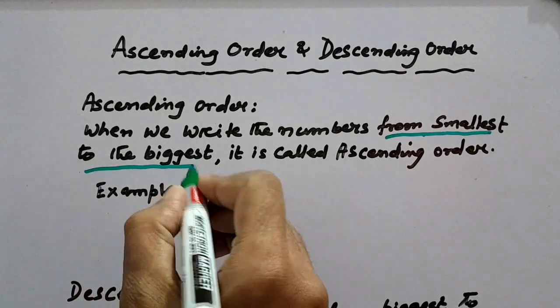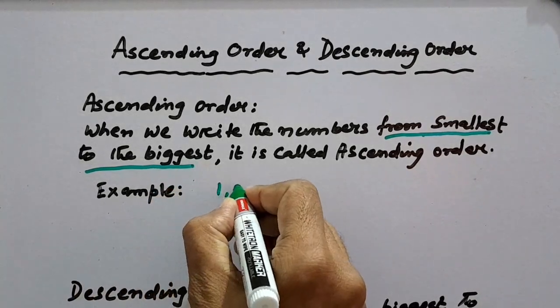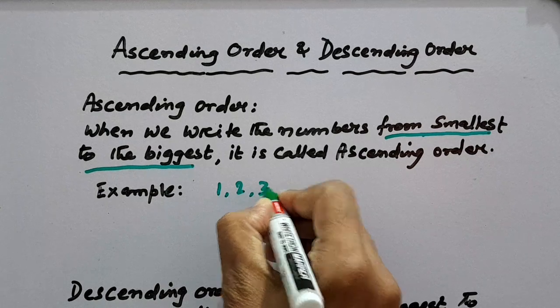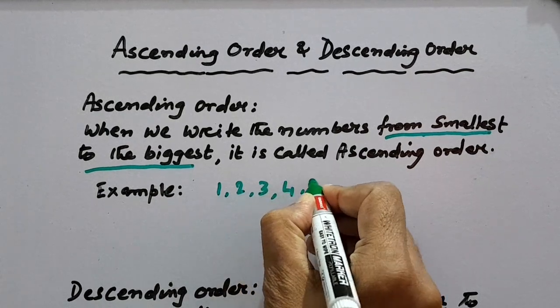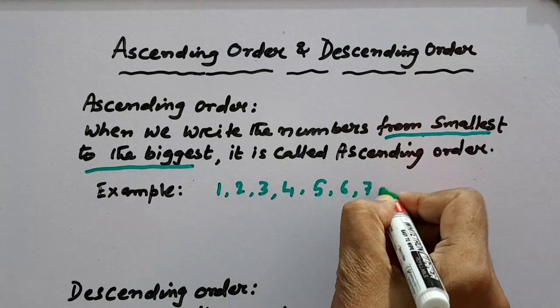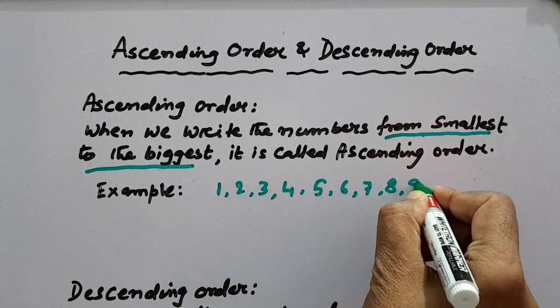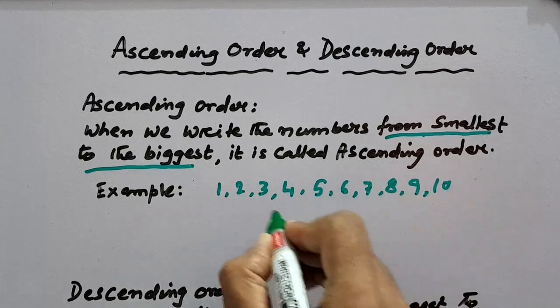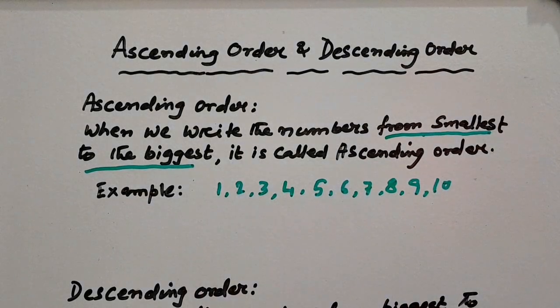For example, here 1, 2, 3, 4, 5, 6, 7, 8, 9 and 10. These are ascending orders.